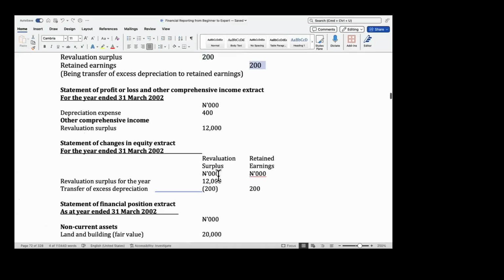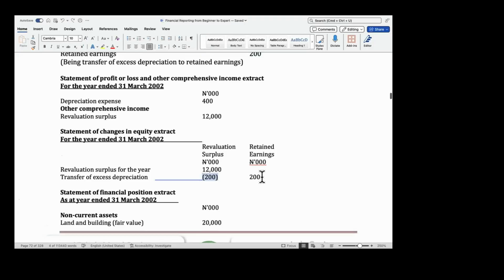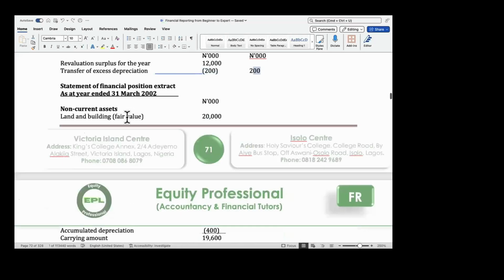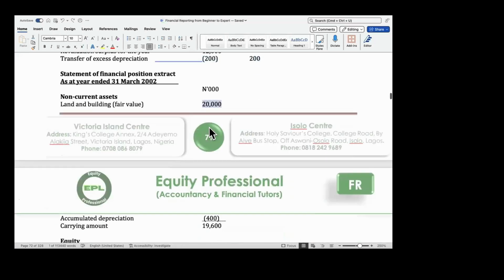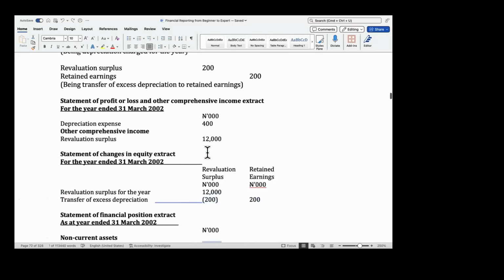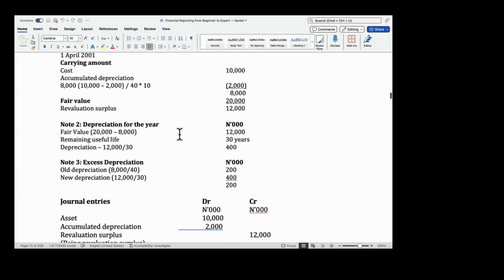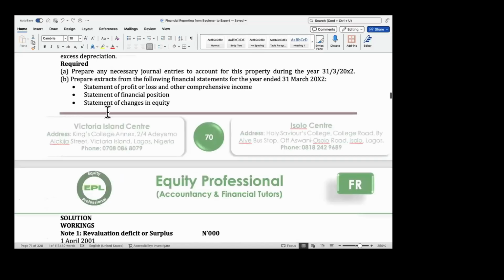So we'll take it away from surplus, we'll add it to retained earnings. That's done through the equity statement. And these are the values of our assets at the end of the year. For me, it can never get more complex than this.